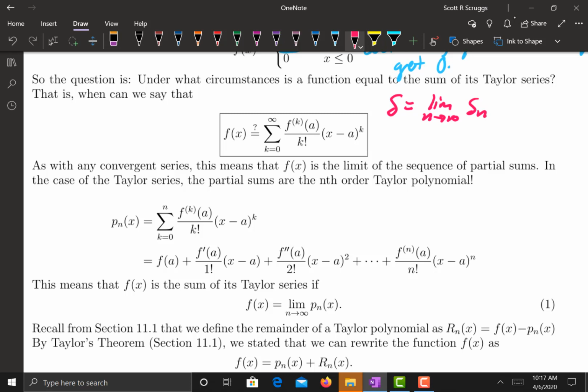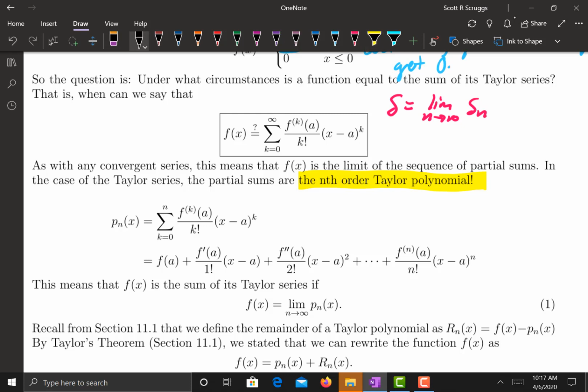And so what does a sequence of partial sums look like for a Taylor series? Well, it's just the nth order Taylor polynomial. Because if I write out the partial sum of a Taylor series, I just get back a Taylor polynomial.